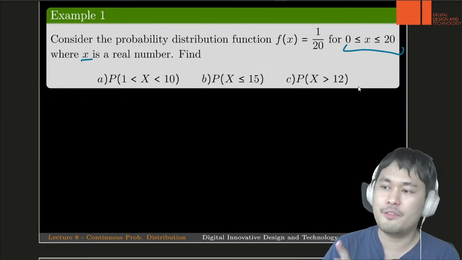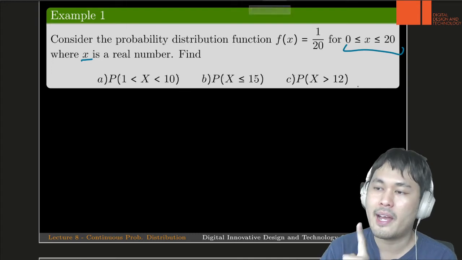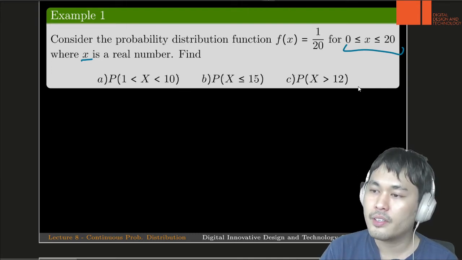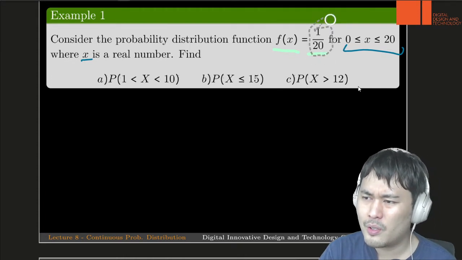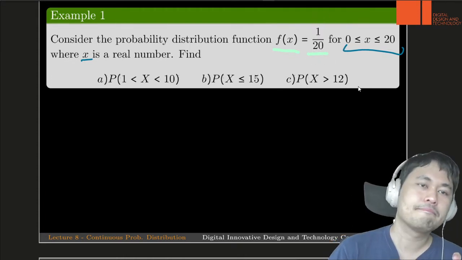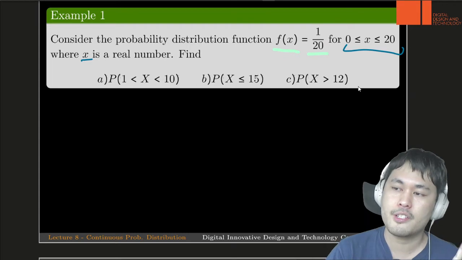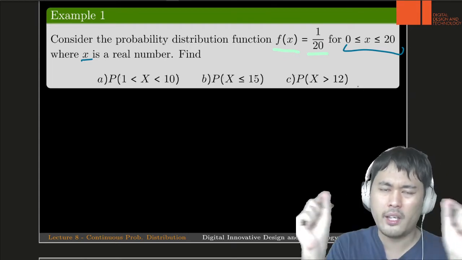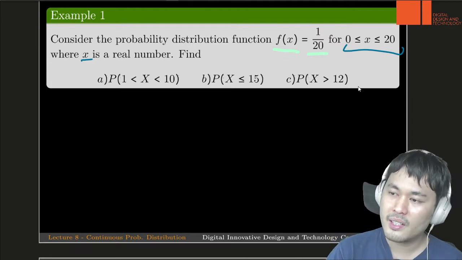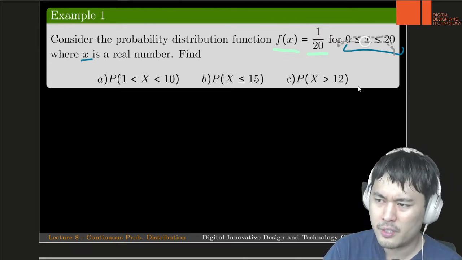Okay, so before we can find that, let's first start by plotting this graph. f of x equals 1 over 20. And since there is no variable on the right hand side, that means this is a constant function. It is the same anywhere, but here anywhere between 0 and 20.